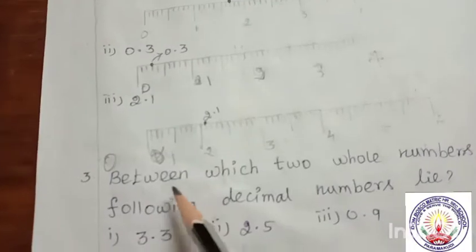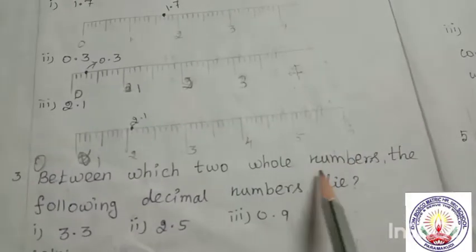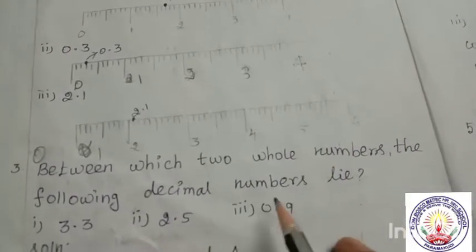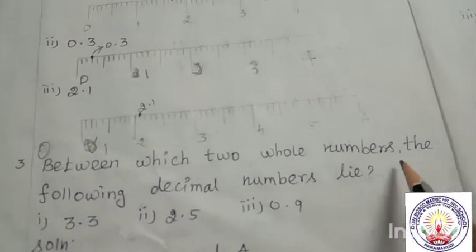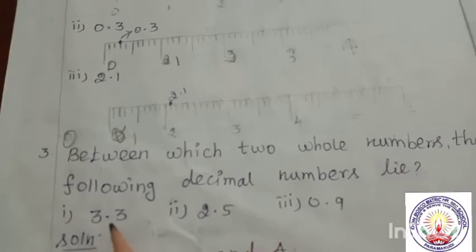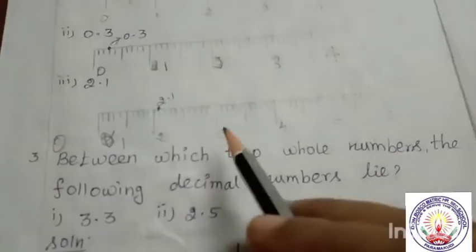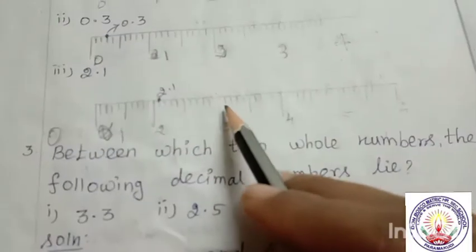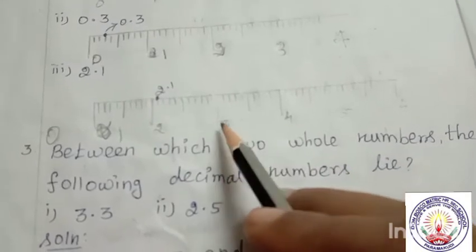Next, between which two whole numbers do the following decimal numbers lie? 3.3: 3, 3.1, 3.2, 3.3. 3.3 lies between 3 and 4.